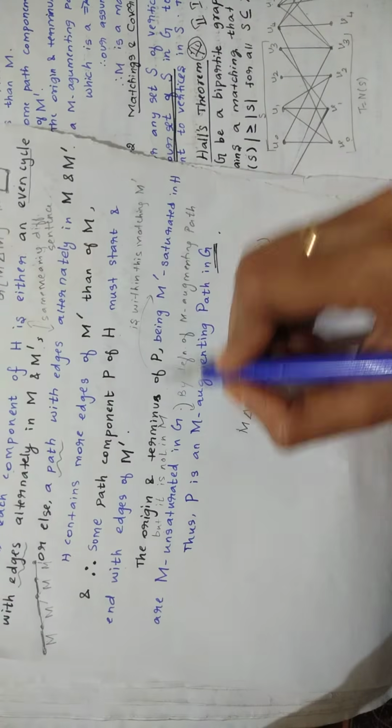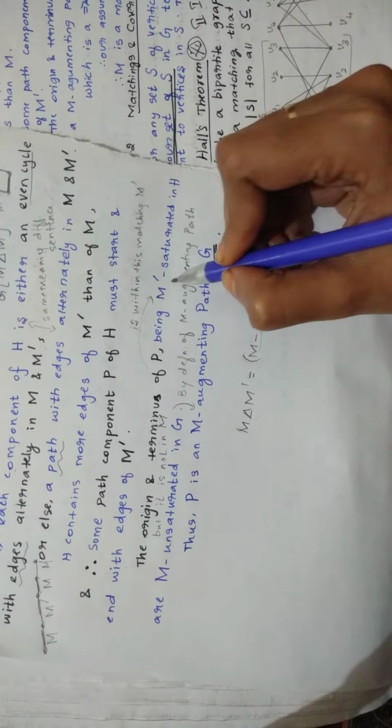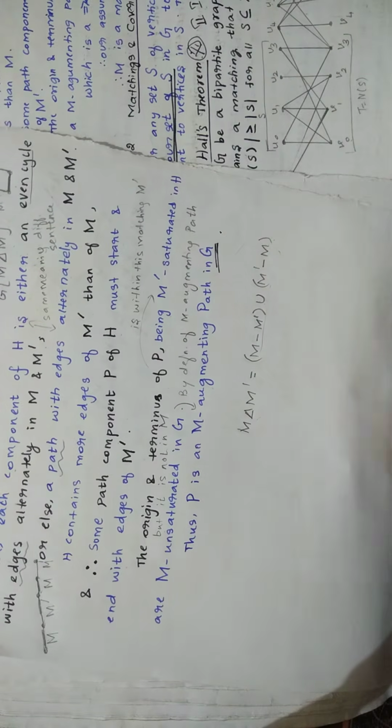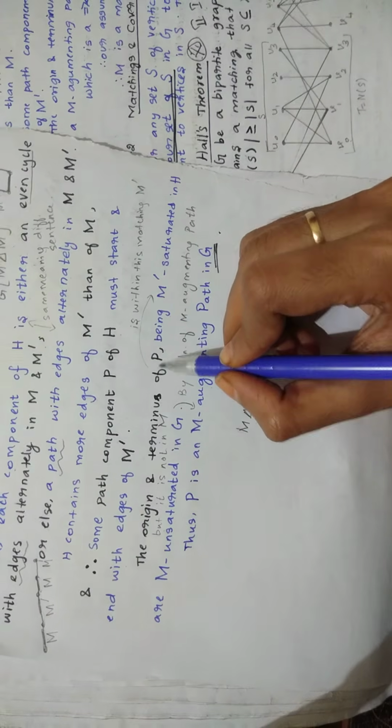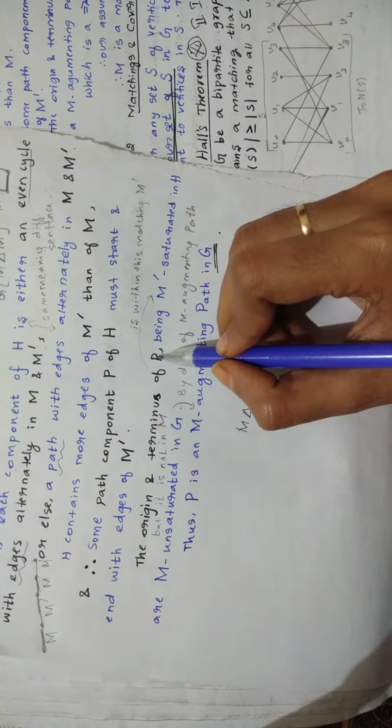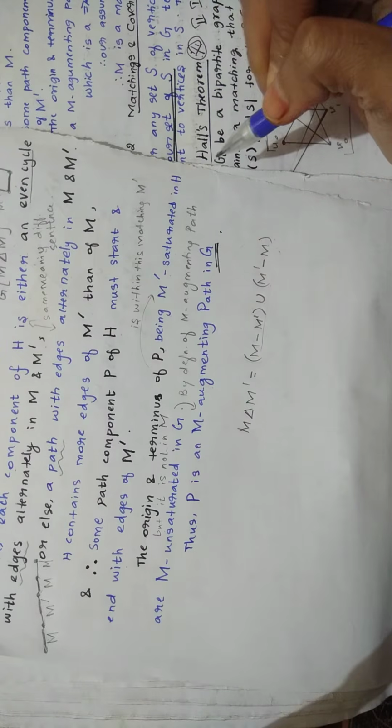The origin and terminus of P being M dash saturated in H. It means the origin and terminus of the path P is M dash saturated. It means what?